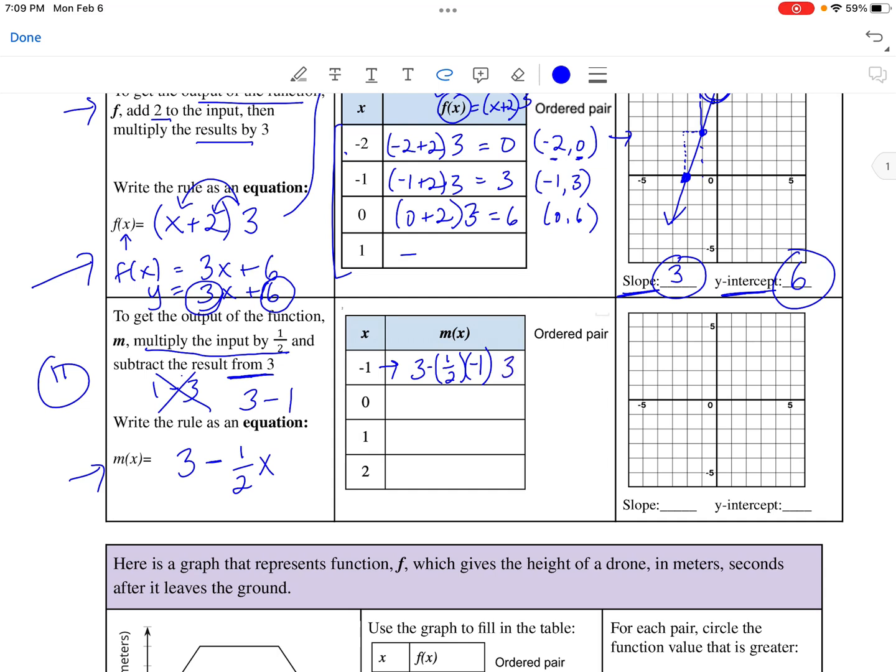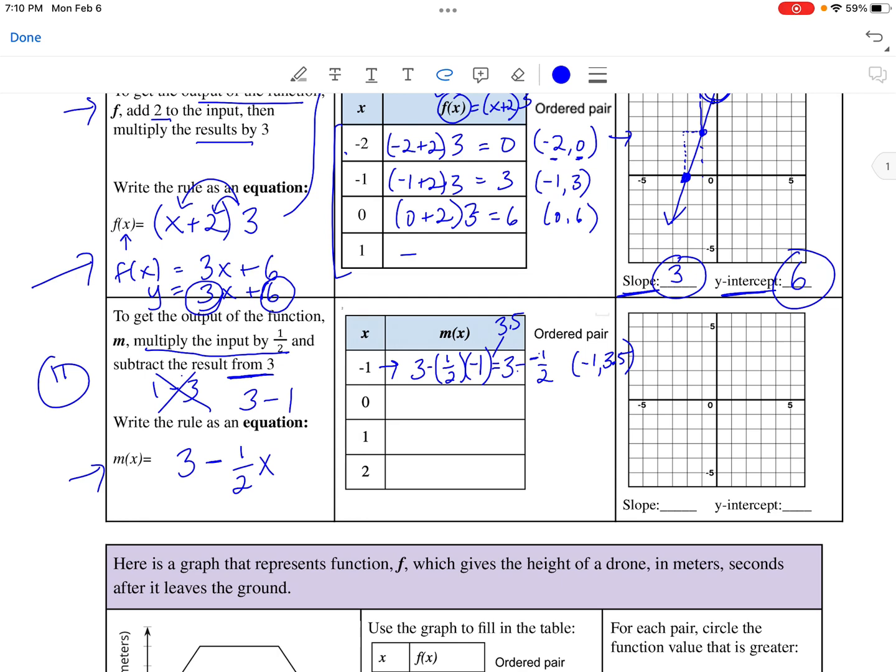So that is 3 minus -1/2. And remember, when we subtract a negative, that is actually adding. So that means 3 plus 1/2. That's 3.5. So our ordered pair would be -1, 3.5.